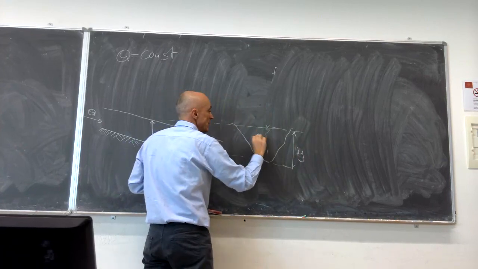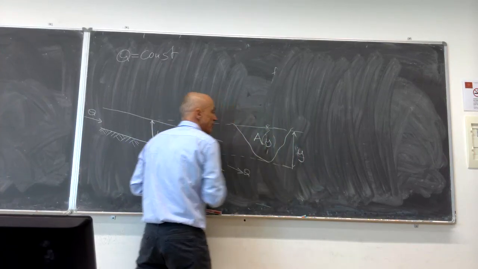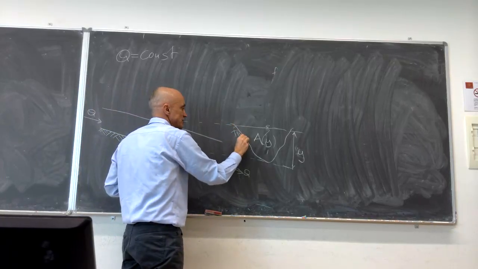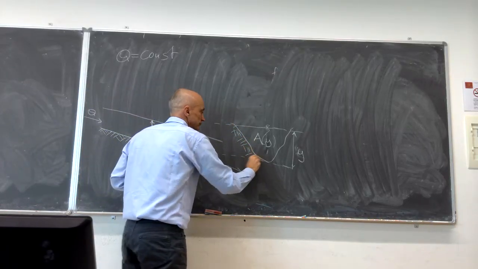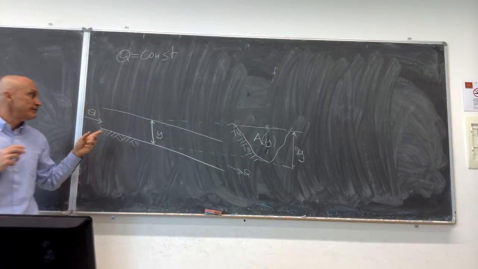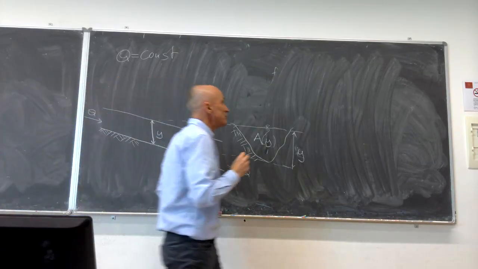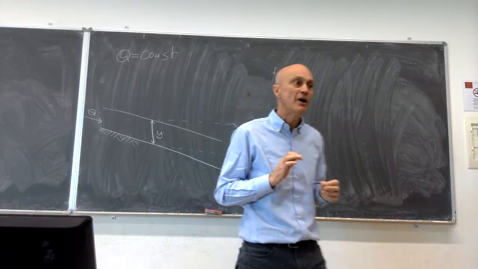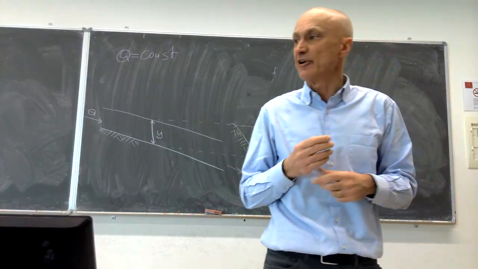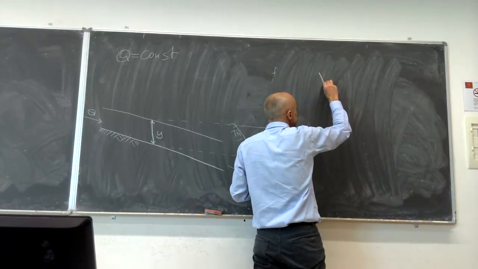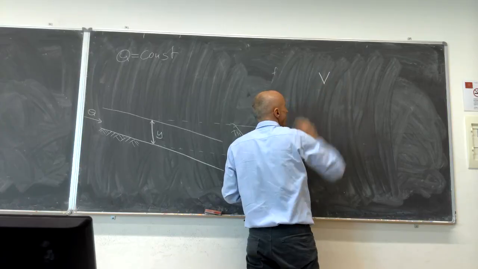The Manning equation is an empirical equation that enables us to determine the average velocity. The average velocity becomes a function of the morphology and roughness condition of the river cross-section and the water depth.